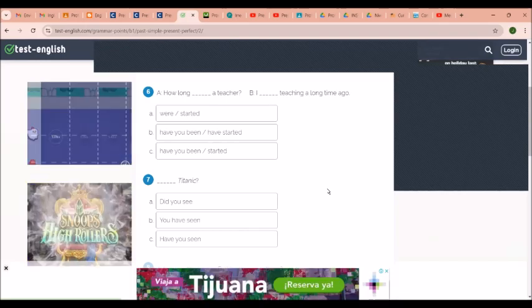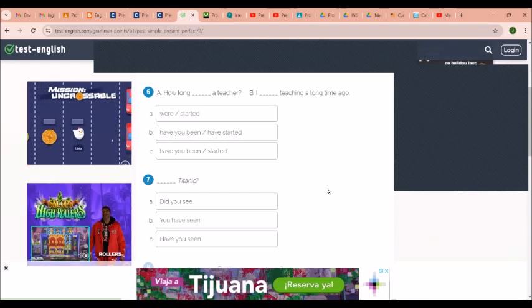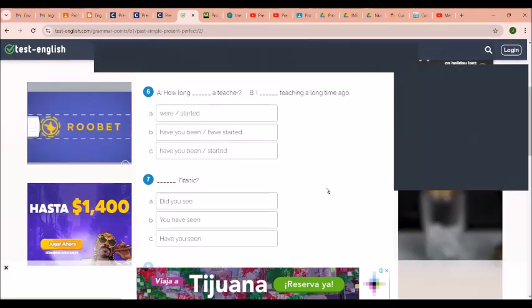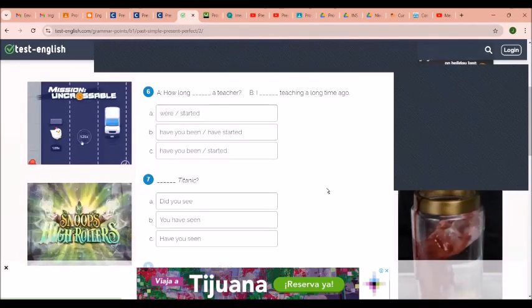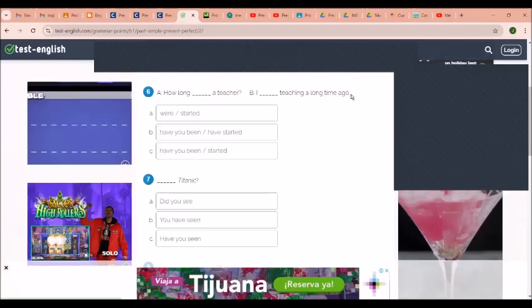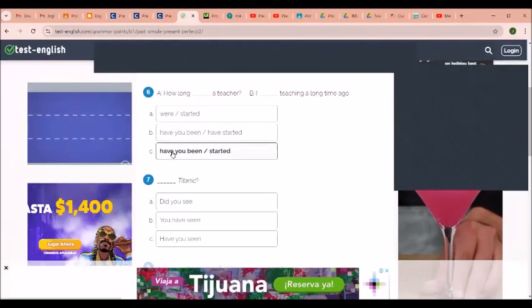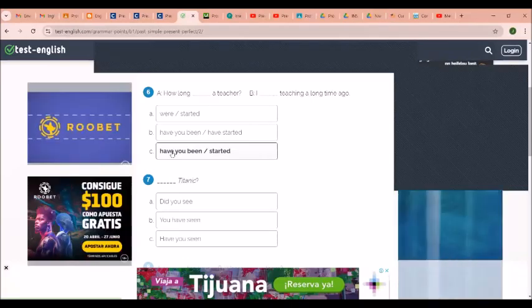Después sería I have start teaching a long time ago. Almost. The clue to the second part is the ago. Ago is used for past simple. All right, so yes. How long have you been a teacher? I started teaching a long time ago.